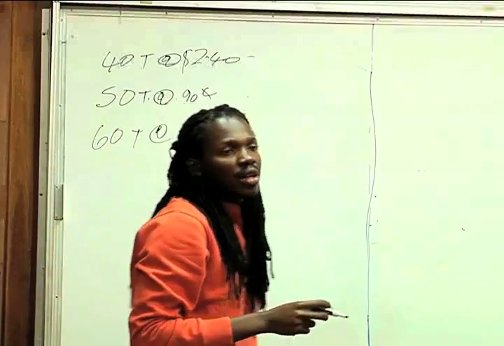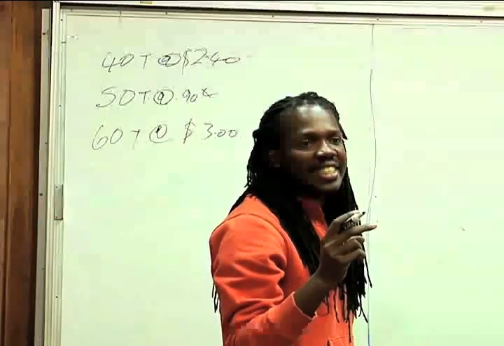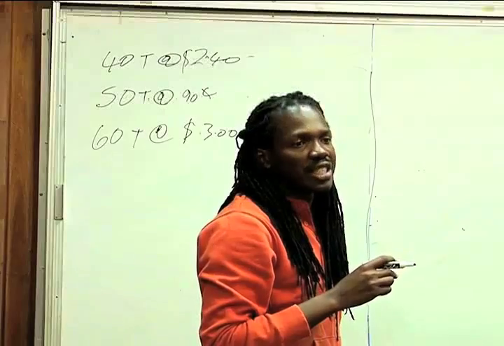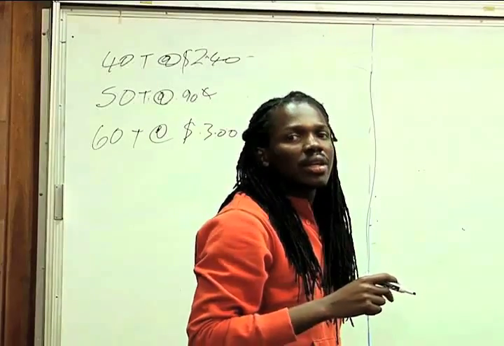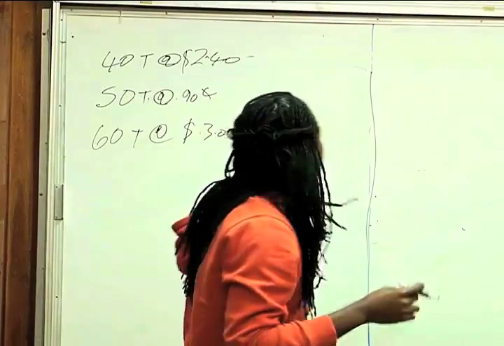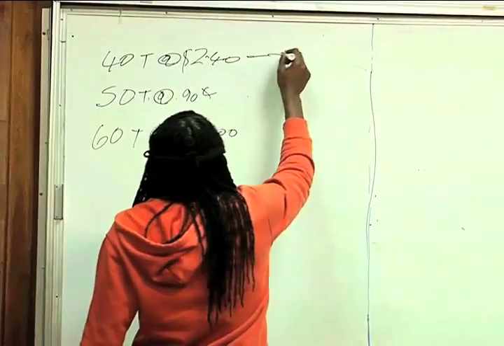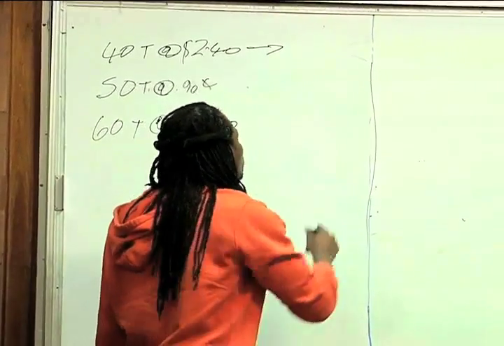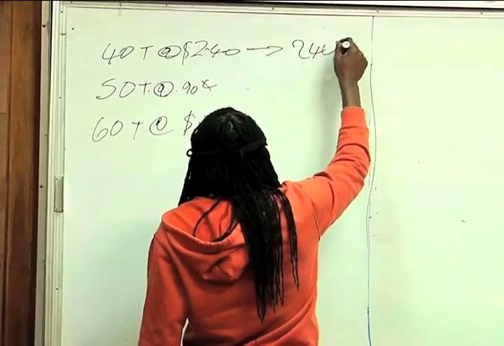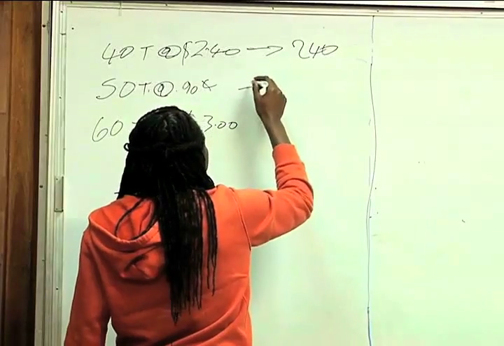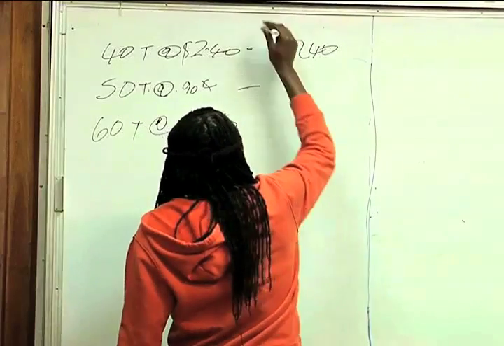Then I convert them. You have cents and you have dollars. So what is the first thing you have to do? You convert them to the same exact thing. $2.40 is going to be 240 cents. 90 cents stays 90 cents.